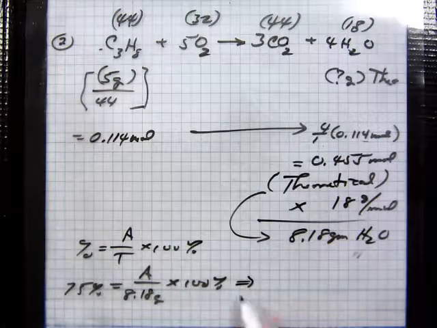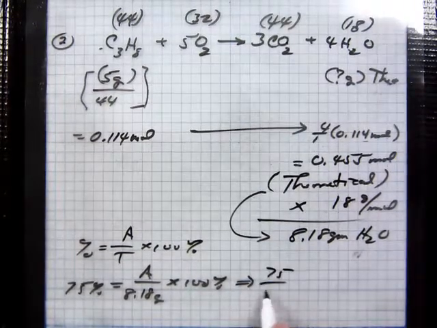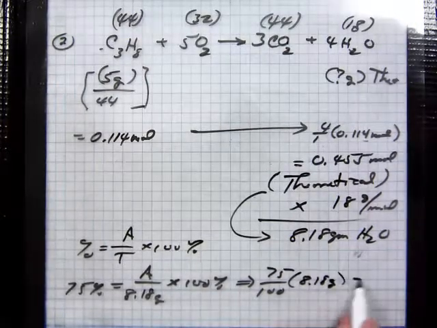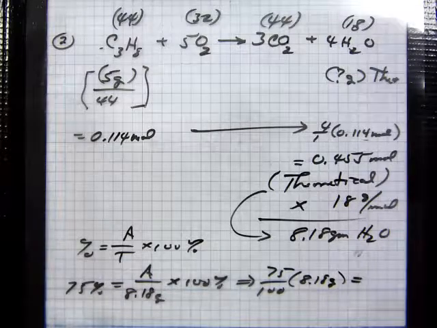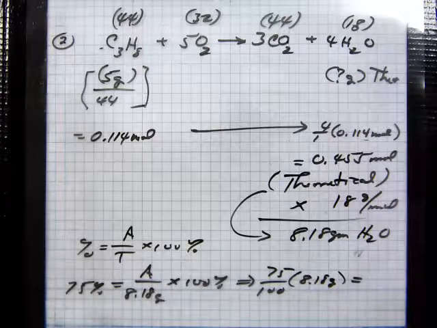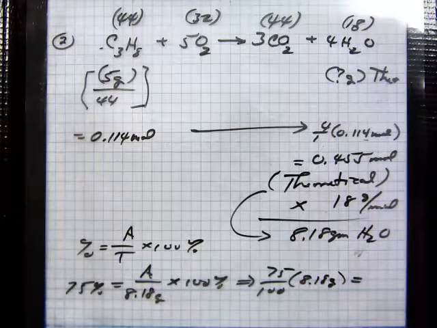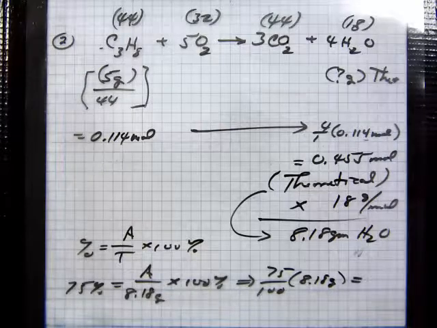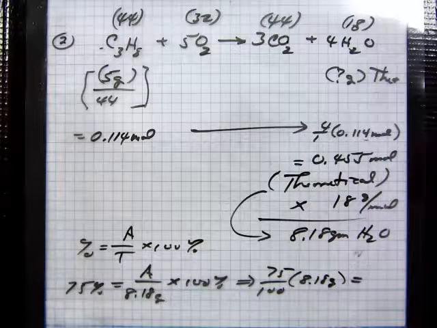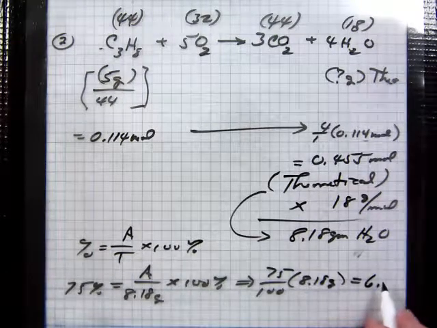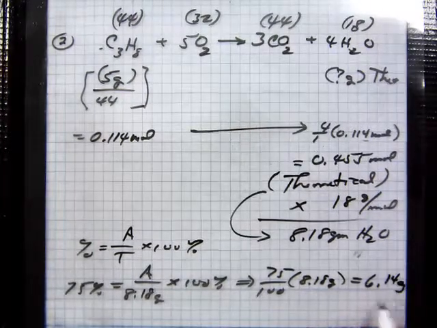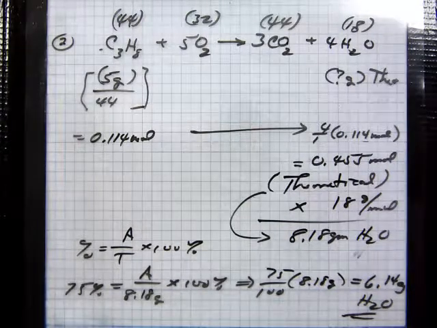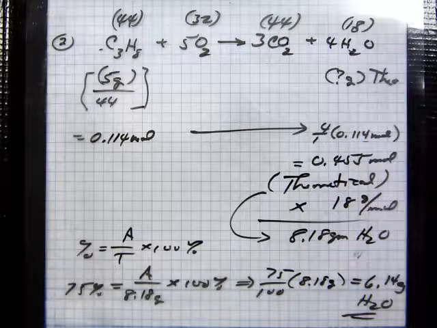So let's see, that's 75 over 100 times 8.18 grams. So that is your actual yield, based on the data that's given in that problem.